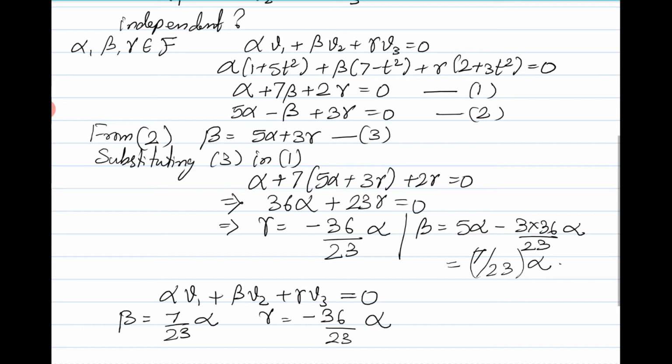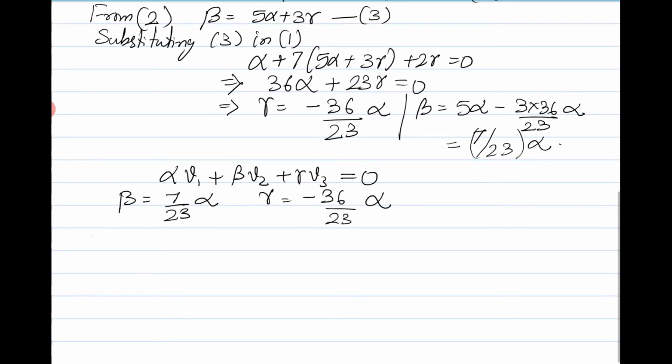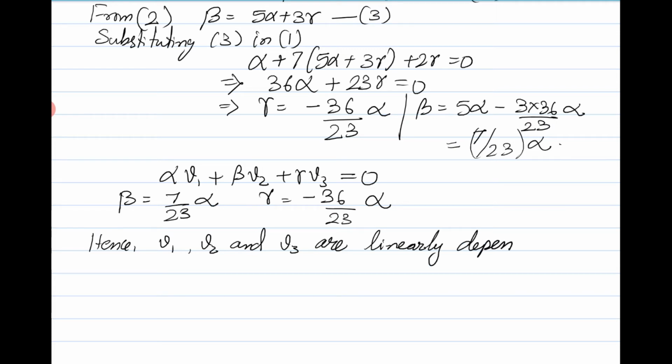So apart from the solution where alpha, beta and gamma are zeros, we have non-zero solutions for which alpha v1 plus beta v2 plus gamma v3 goes to 0. Hence v1, v2 and v3 are linearly dependent. They are not linearly independent.